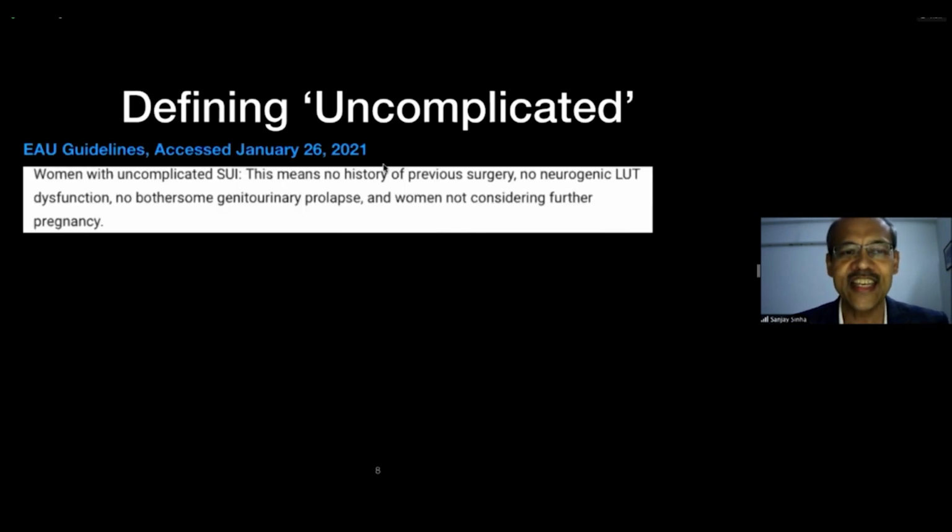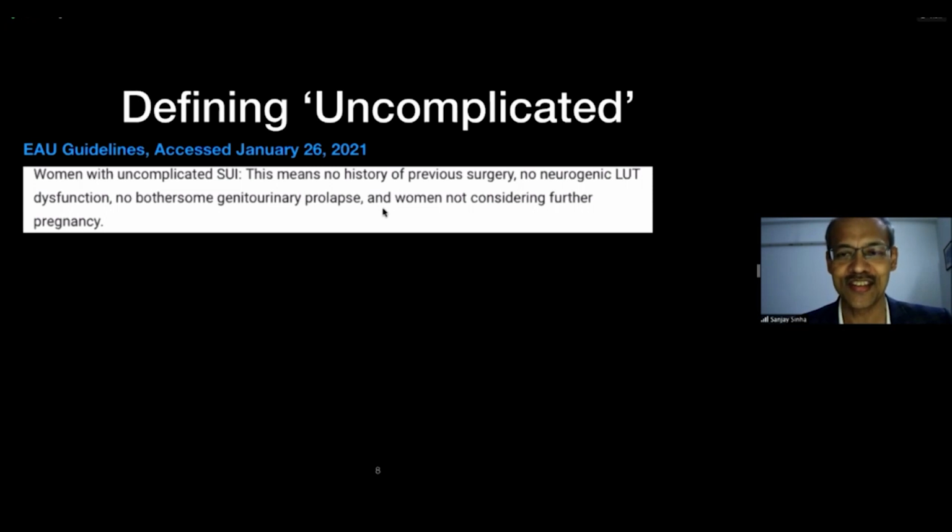A bigger issue perhaps is in defining uncomplicated. And this is something surprising because if you look across various guidelines, there's no clear single definition of what uncomplicated constitutes. This is the EAU definition, which I accessed day before yesterday. A woman with uncomplicated SUI, this means no history of previous surgery, no neurogenic dysfunction, no genitourinary prolapse, not considering pregnancy.